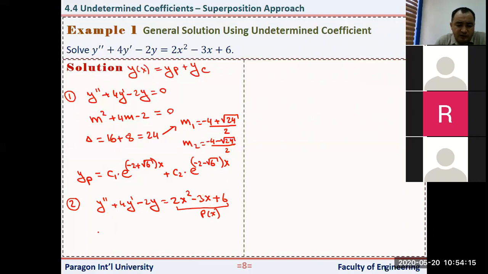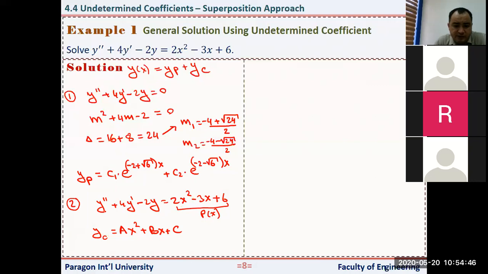So our educated guess for this y is that it must be a quadratic function, something like Ax² + Bx + C. Now I'm assuming that this is the form of this solution.